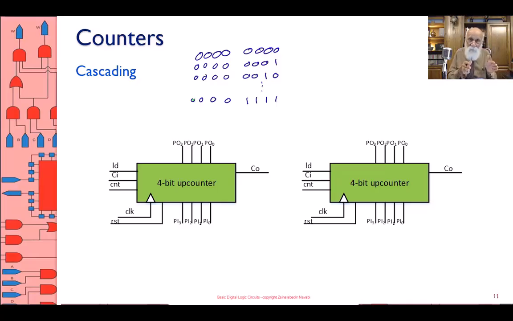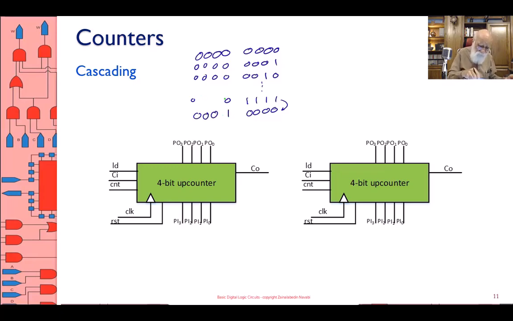But then, when it reaches this count, the left counter notices that it has to count with the next clock, and therefore it wakes up with the clock. The rightmost count rolls over back to 0, 0, 0, 0, and the left count goes from 0, 0, 0, 0 to 0, 0, 0, 1.